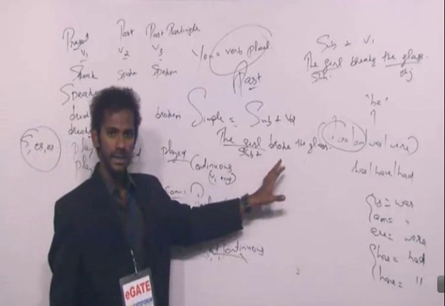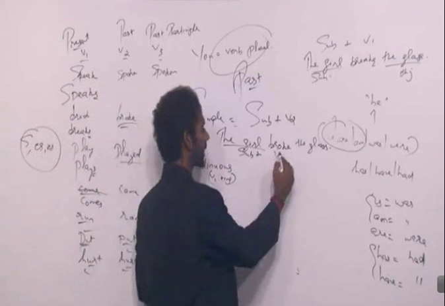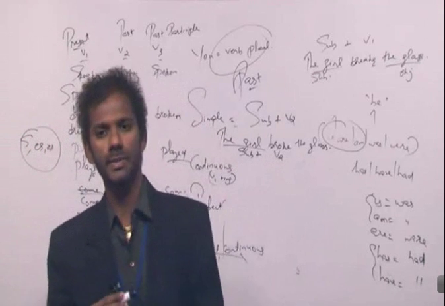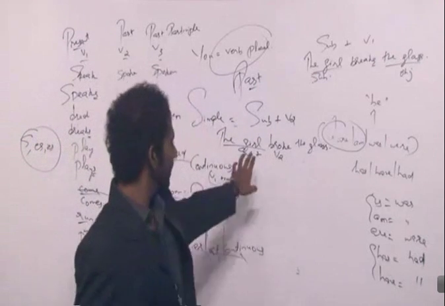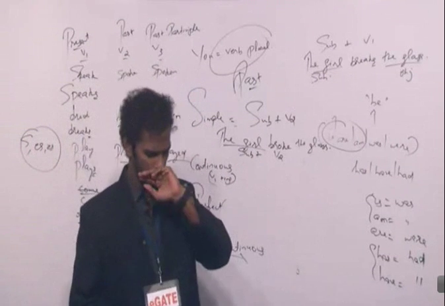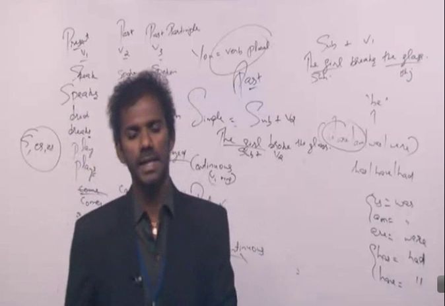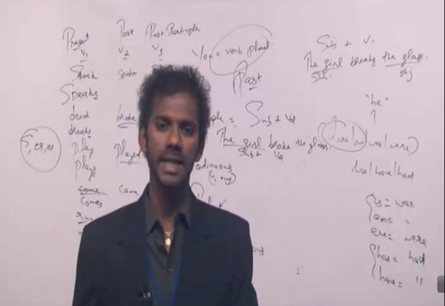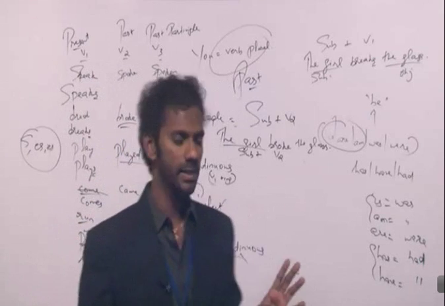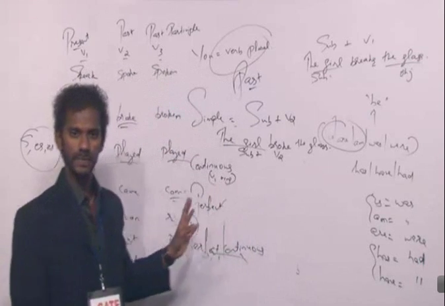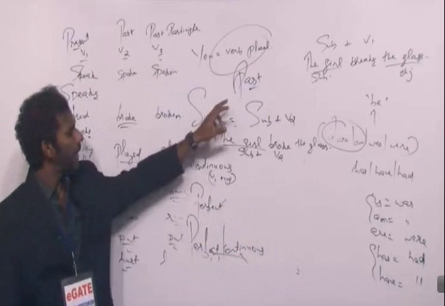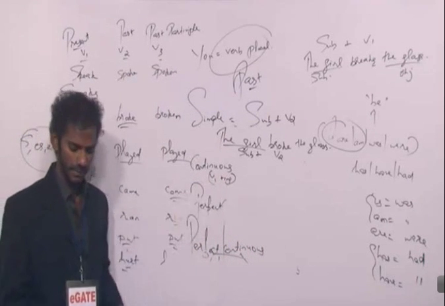That means this sentence is in the order subject plus V2. And the rule of simple past tense is also subject plus V2. So I can say this sentence is in the simple past tense. Clear? As I said, if you write down the order of a sentence, and if you compare that order with the structure, the tense and the category can be identified. Clear? So simple past tense is subject plus V2. Hope it's clear.